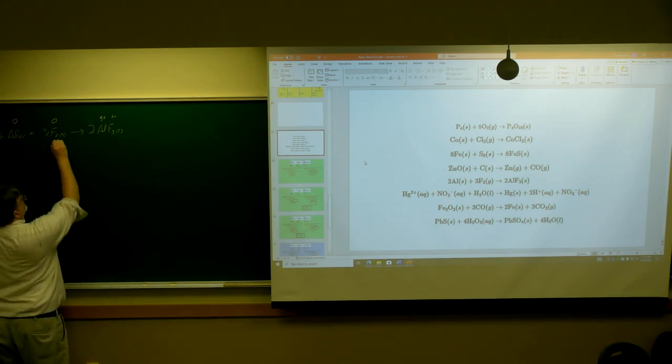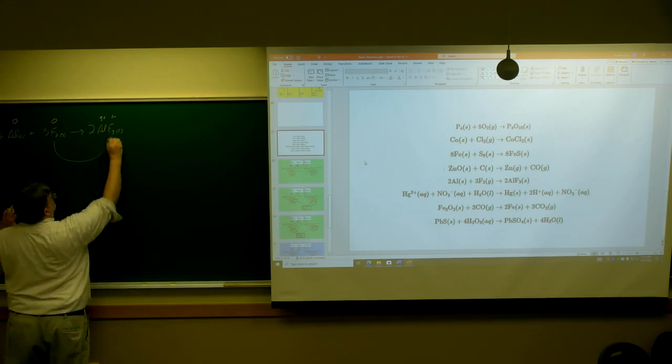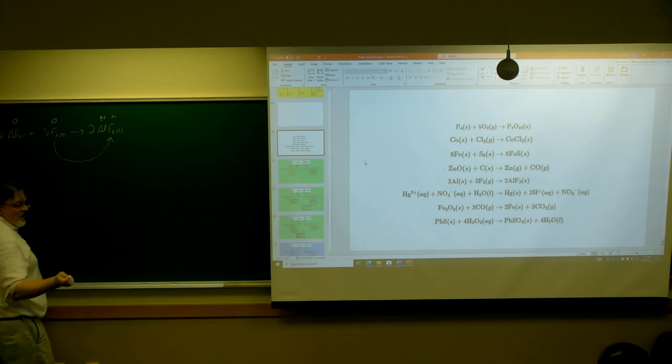Fluorine goes from 0 down to negative 1, so we say it's been, what do you call that? If it goes down, it's either been reduced or oxidized. Reduced.